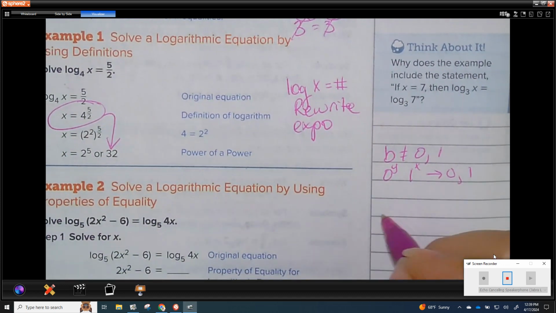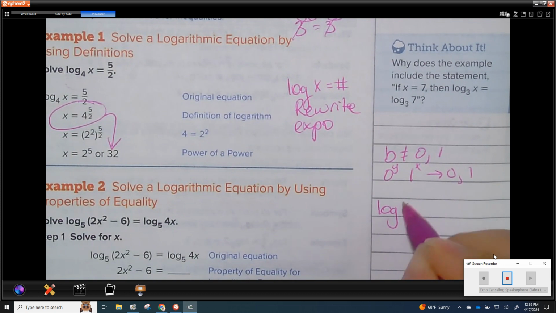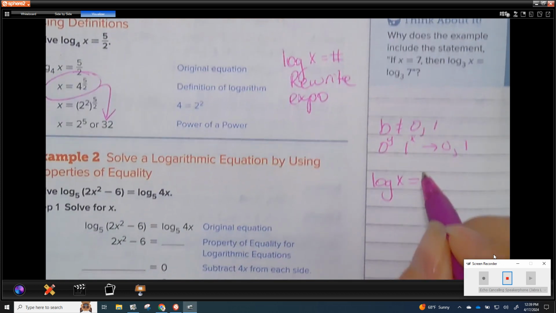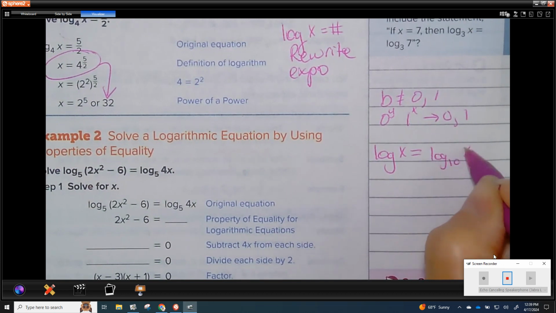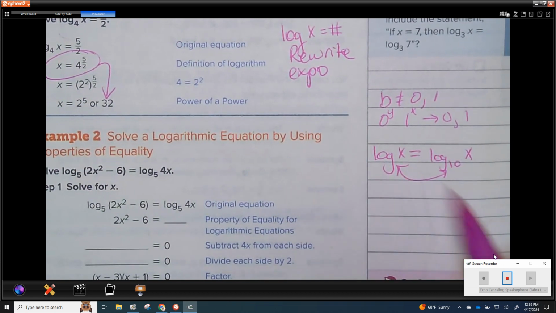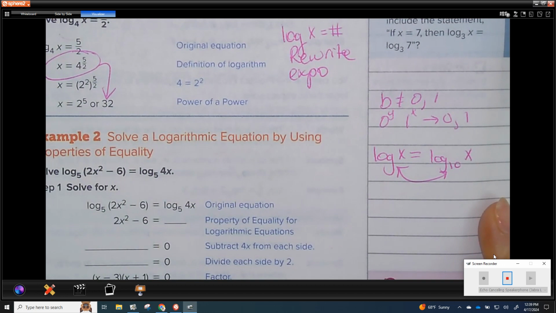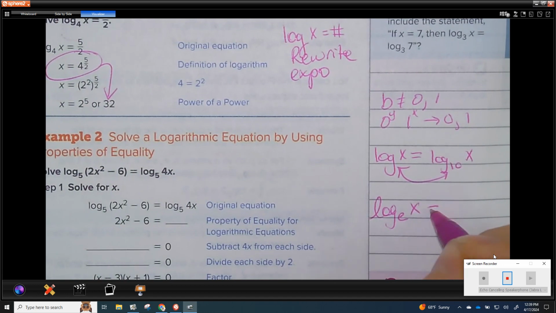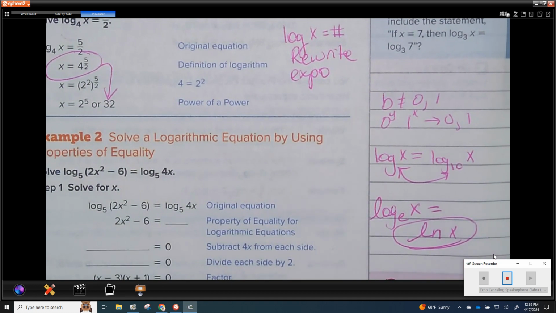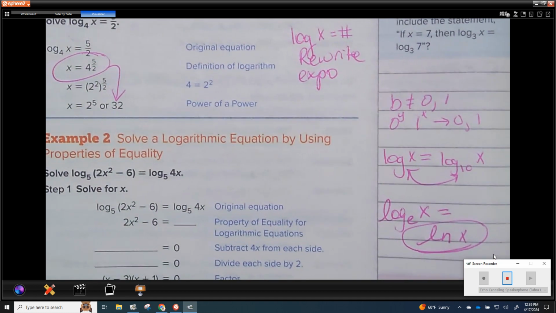And also recall, this is what I wanted to tell you, log x with no number in the base is log base 10 of x. That's just understood, that these two things are the same thing. And something that will be coming up is log base e of x, which is actually the natural log of x. It's rewritten like that, which we'll be going over in another lesson.